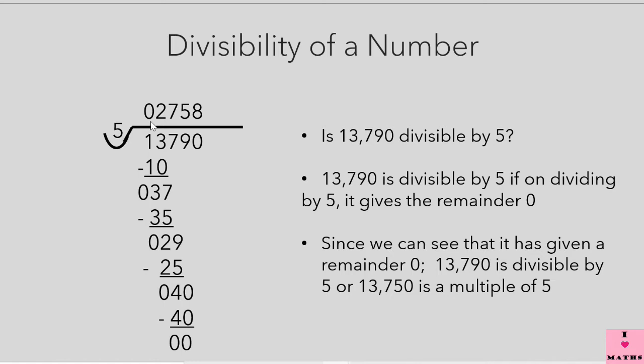It means 2,758 multiplied by 5 gives us 13,790.